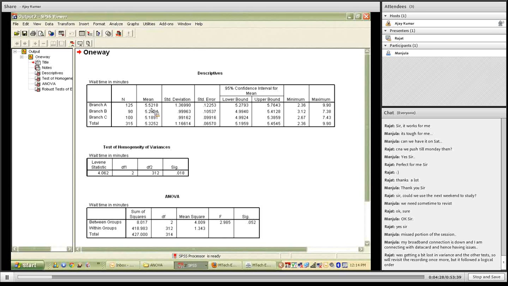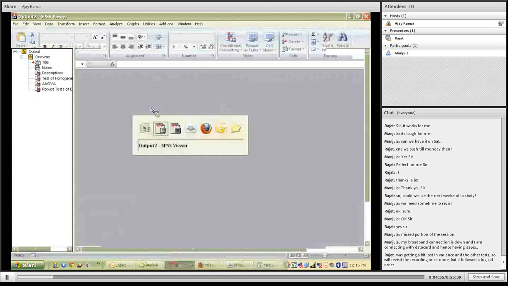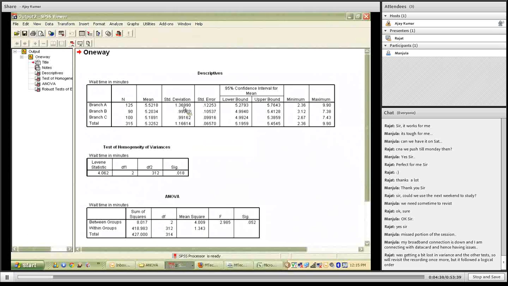What does that mean? If it is a normal distribution, then how we did it was: 5.5 is the mean value and 1.3 is the standard deviation. So the range would become 5.5 plus 1.3 and 5.5 minus 1.3. If you remember that normal curve that we were studying.